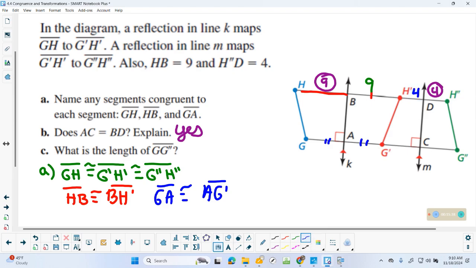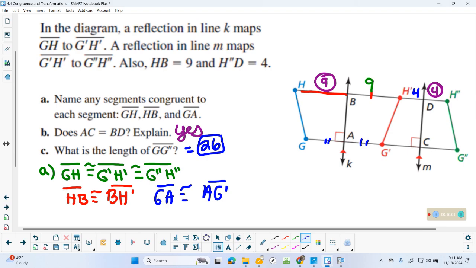So what's 9 plus 9 plus 4 plus 4? Isn't the bottom going to be the same length? I'm going to sneak it next to it because clearly I'm running out of room. We just straight added them. This is as wild as it gets today.